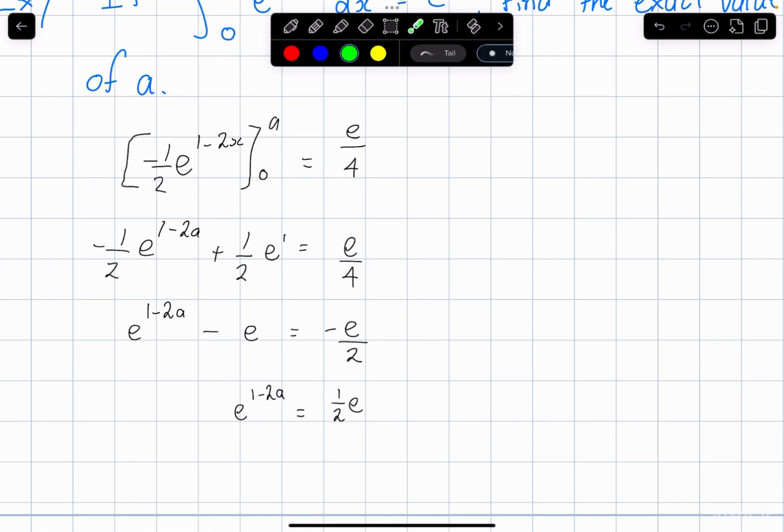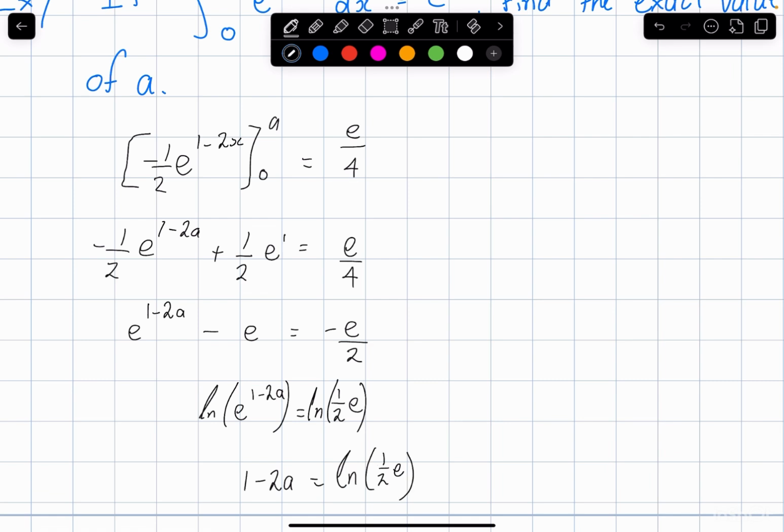Now I've got a by itself in a single term on this side. I can take the natural log of both sides as such. So on the left hand side I'm left with 1 take 2a, and on the right hand side the natural log of a half e. I'm going to subtract 1.